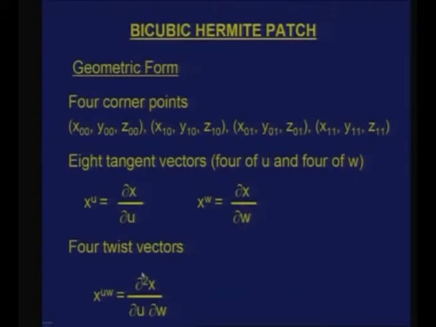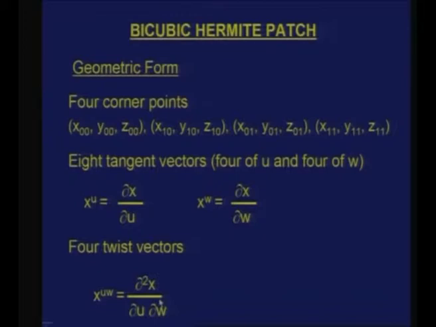And we also use twist vectors, which is the second derivative with respect to u and w. These are called twist vectors. At every point this is also a vector, so you have 3 values of this. Now, if I look at how many inputs I am giving, at every point I have 3 coordinates, 3 of each tangent vector, and 3 of the twist vector.